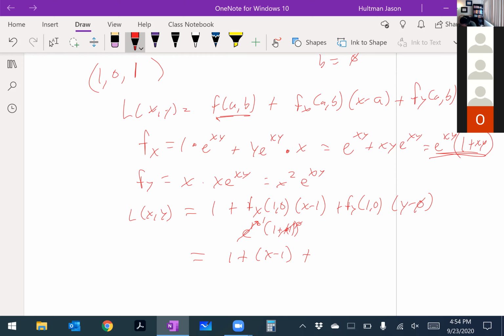And what is f sub y going to become? At 1, 0, this thing goes to 1, and this other thing goes to 0. Is that right? No, that goes to 1, I'm sorry. This goes to 1 as well. So this is plus 1 times y minus 0, which is y.